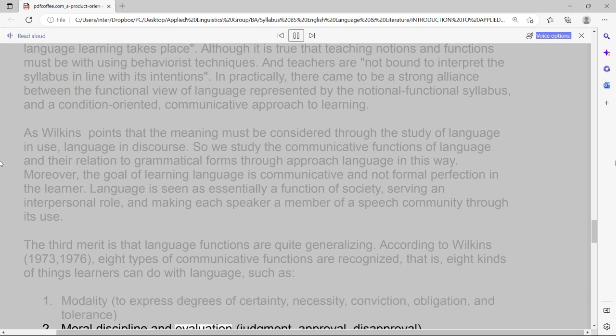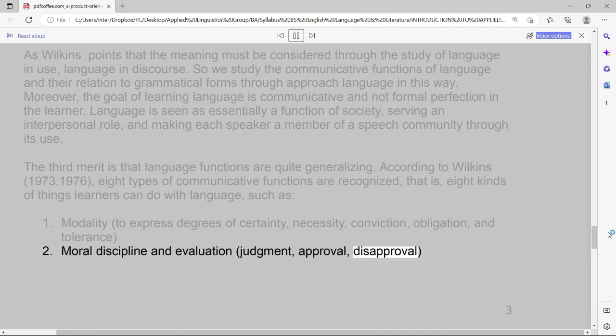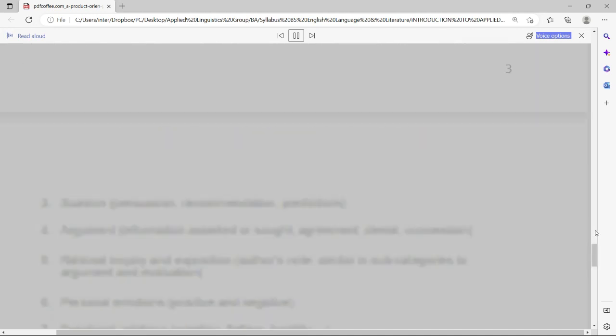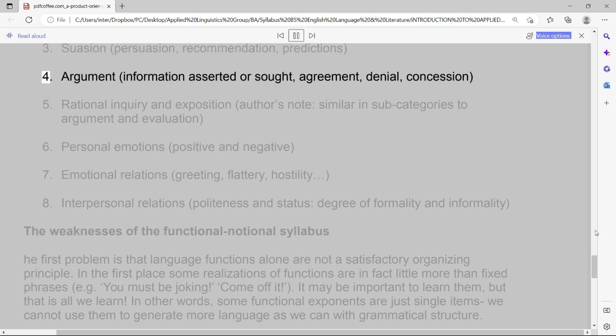Moral discipline and evaluation, judgment, approval, disapproval. 3. Suasion, persuasion, recommendation, predictions. 4. Argument, information asserted or sought, agreement, denial, concession.